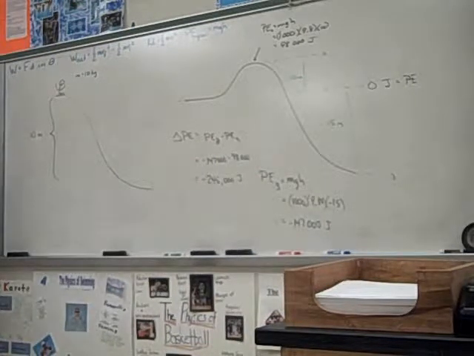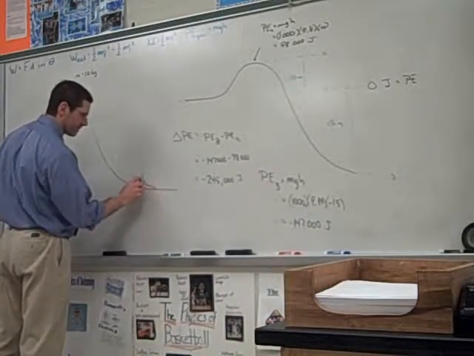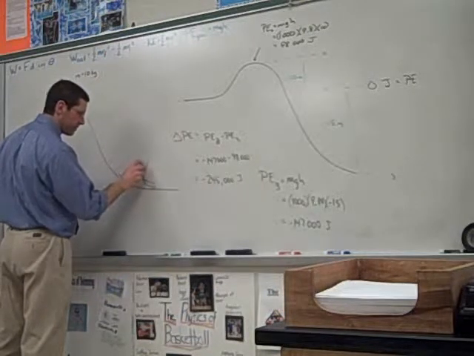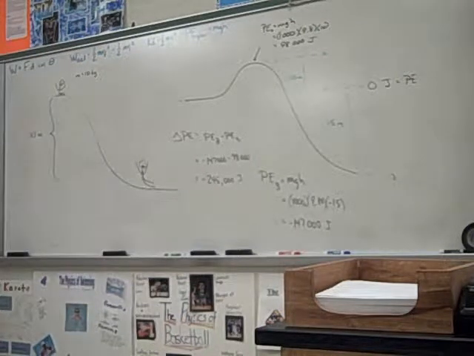Huge slide. Yeah, it's a big slide, right? So then you slide to the bottom. What is your speed at the bottom? Can we find that? Yes. What is it?